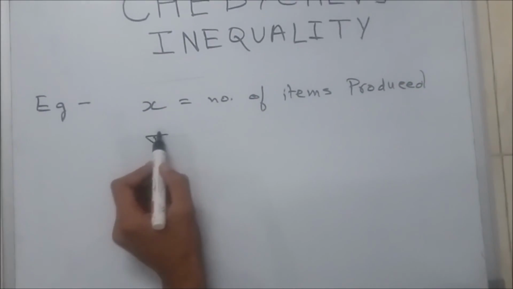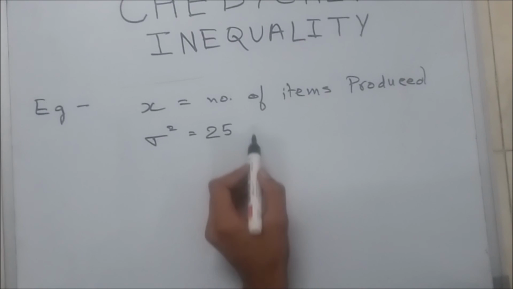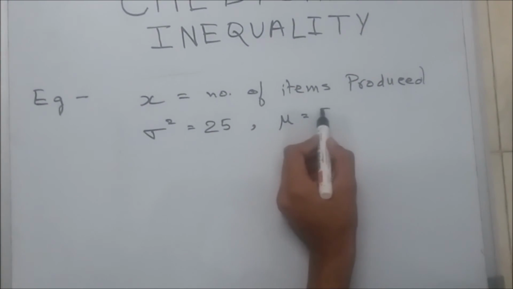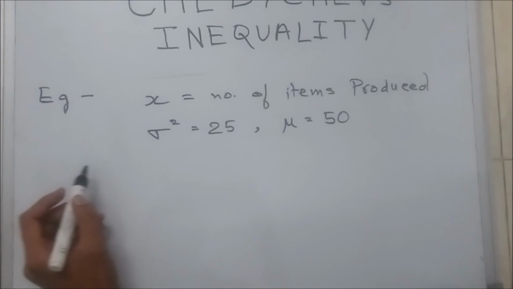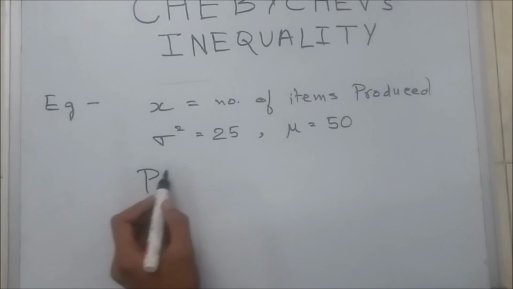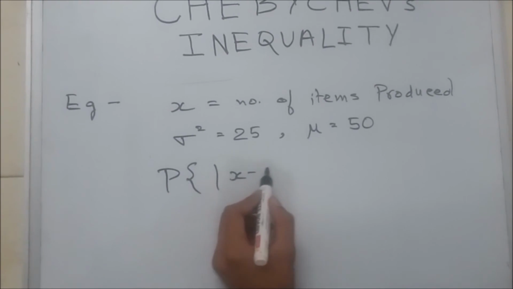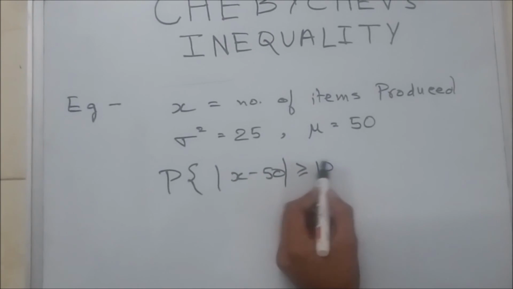With the variance, that is sigma square, as 25, and let the mean be 50. Now we have to find the probability that the items produced next week are either more than 60 or less than 40. We can represent this by a Chebyshev inequality by taking k as 10.